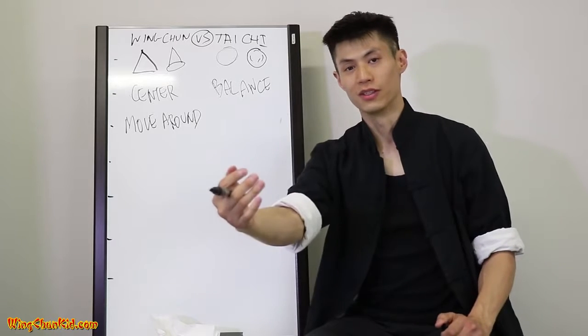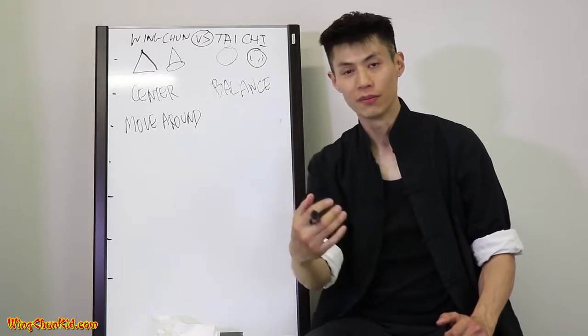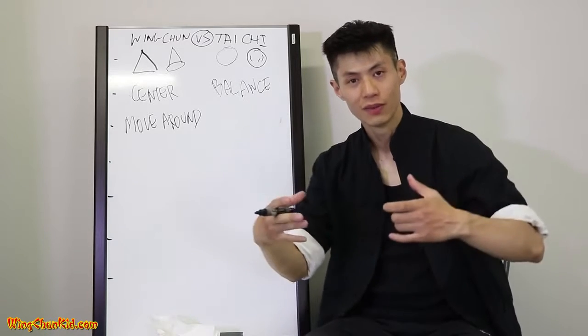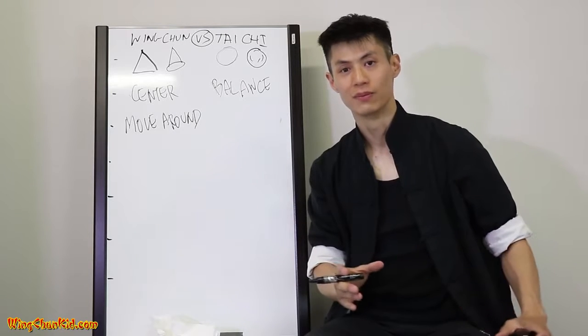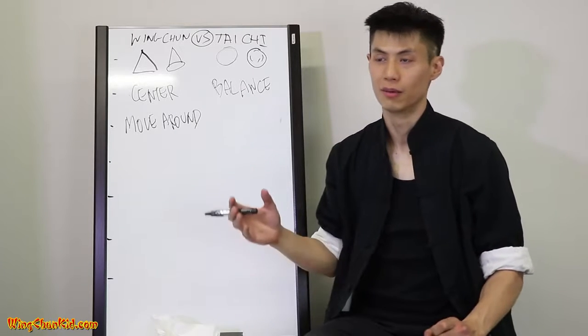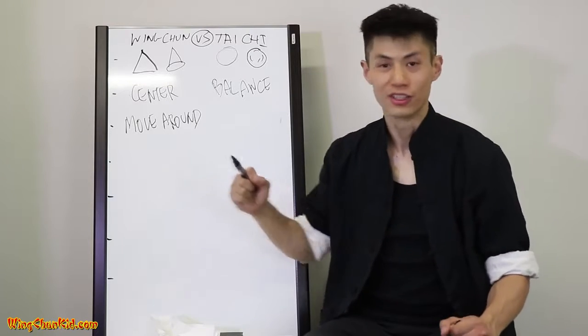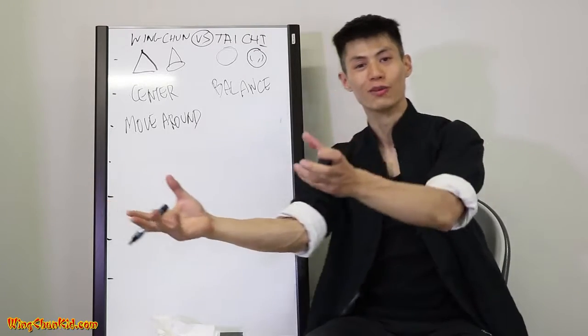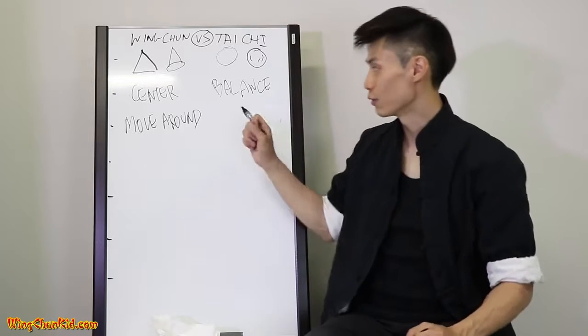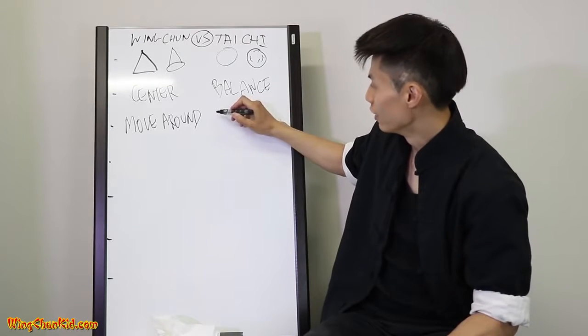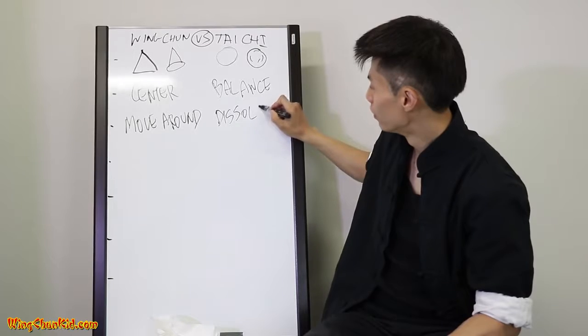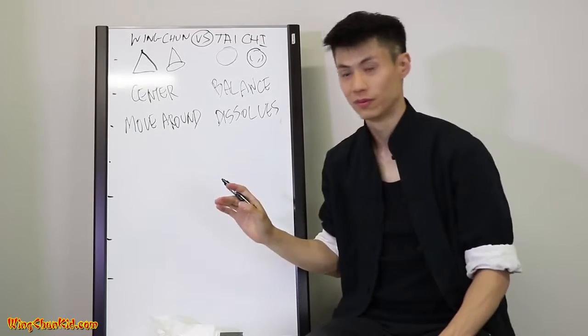So what happens is when the attack is coming, they will suck it in and then dissolve the energy. It's like an octopus, right? If you try to punch an octopus, it'll just grab your arms and just suck you in. All right, so that's what Tai Chi does. It actually dissolves the force.